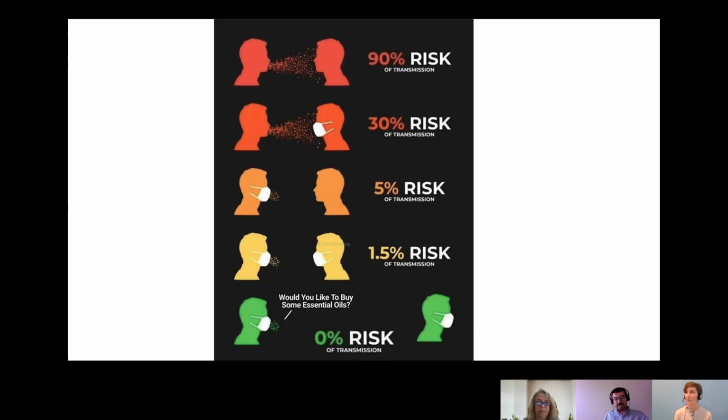Yeah, and so my one very tiny quibble with this poster actually relates to that, because the image of the two green dudes social distancing, the poster's argument is not that they're social distancing because they ought to, it's because the one dude is trying to hawk the other some essential oils, which is funny, even though if you all use essential oils, they smell good. It's great. Don't feel shamed about it. Relaxing. Yeah, they're lovely. But the poster, by adding that tiny little joke, slightly obscures its message that the safest is social distancing with two people in masks, because it suggests that one guy is running as far as he can away from essential oils person.